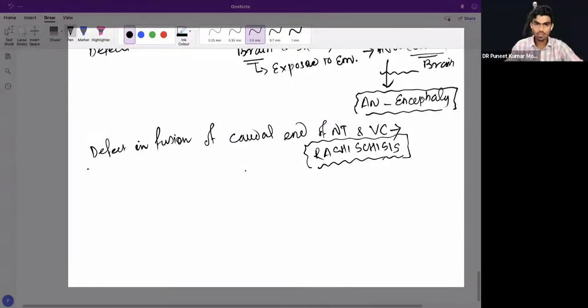Okay. Now, these are the defects where the spinal cord is also defective. The notochord is also defective in fusion.